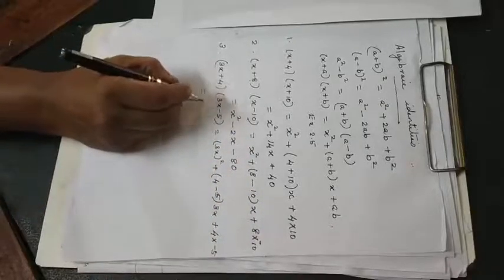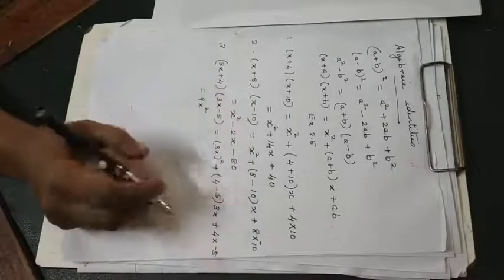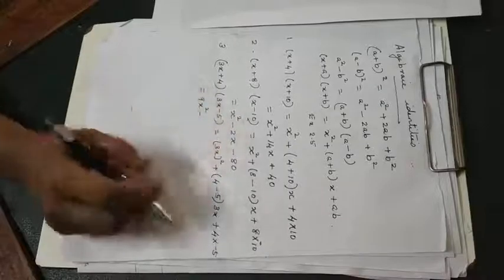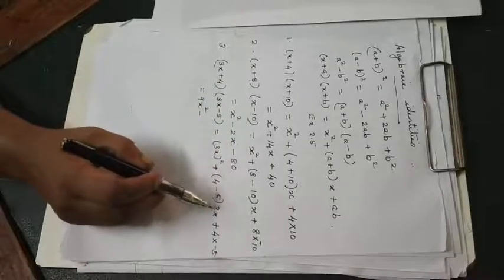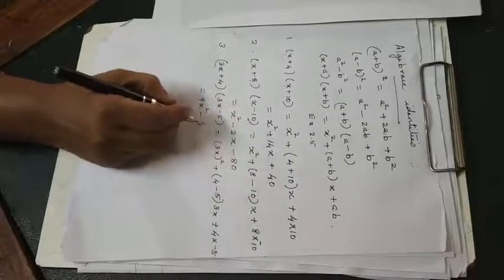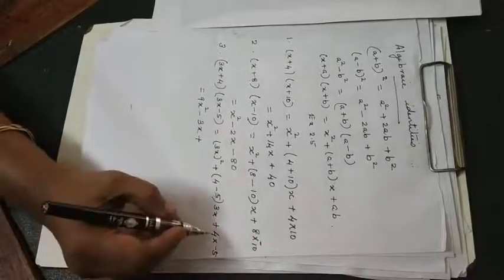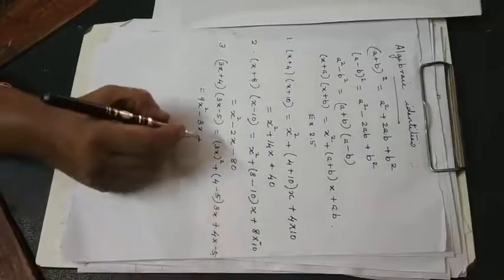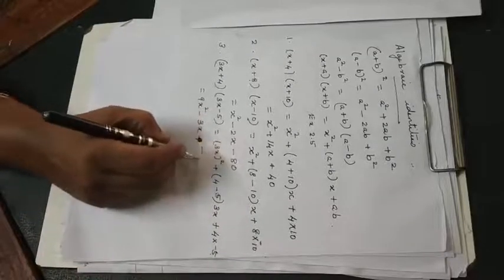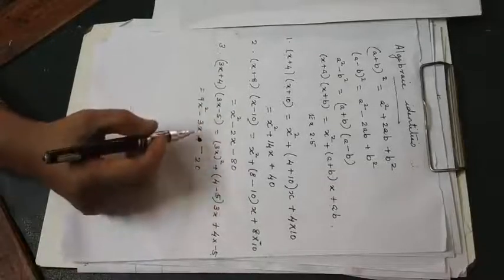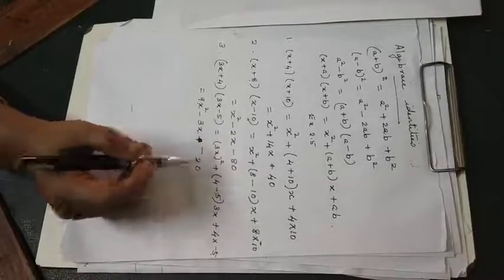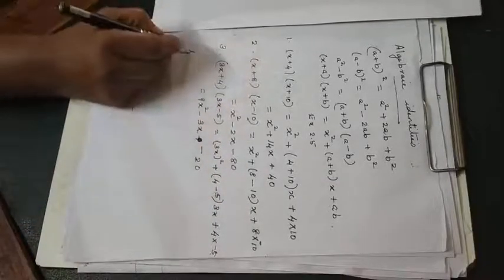So it will be 9x square, negative 1 it will come, negative 1 into 3x, negative 3x, plus 4 into negative 5, so negative 20 you will get. Okay, so 9x square minus 3x minus 20.